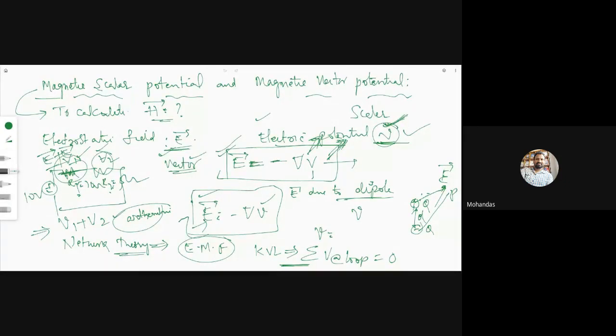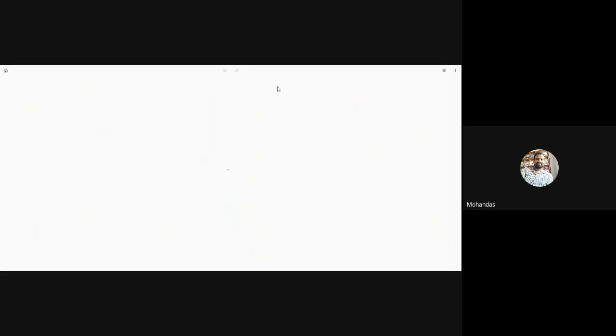Now come to this point here. The point is that by introducing this scalar potential, we can calculate the magnetic field intensity in an easier manner, H. Magnetic scalar potential and magnetic vector potential are both used to calculate H only. Let us see one by one. Let us see what the magnetic scalar potential is. Later we will see the magnetic vector potential.